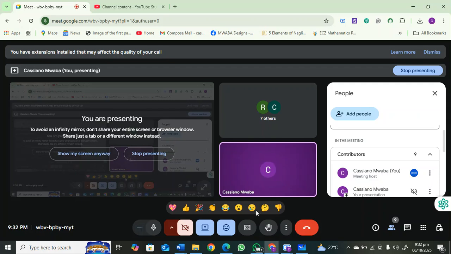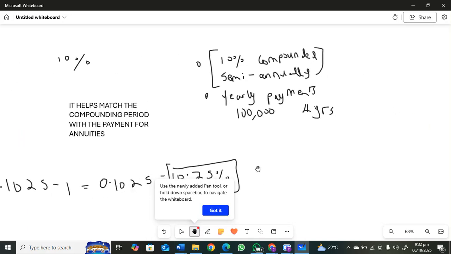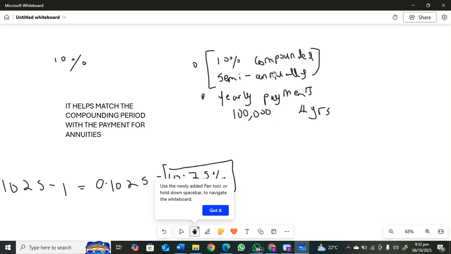All right. So for this same one, if these yearly payments are 100,000 for 4 years, and they are asking you to find the present value of this annuity, the first thing you need to do is match the compounding period to the payment period.